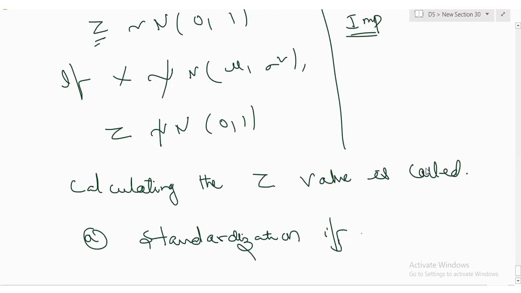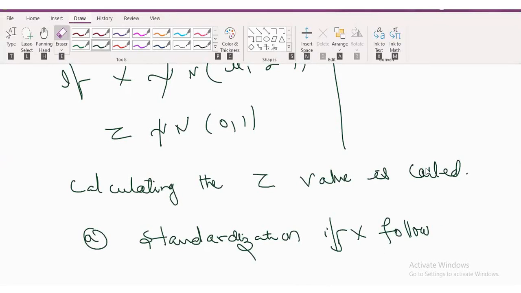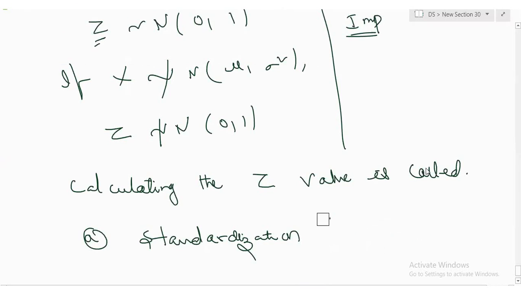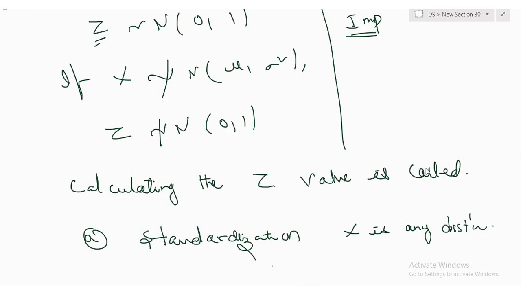If x follows the normal, or x is any distribution, I need this standardization. Why is it called standardization? Because it is always going to have mean as 0 and standard deviation as 1, irrespective of the data.